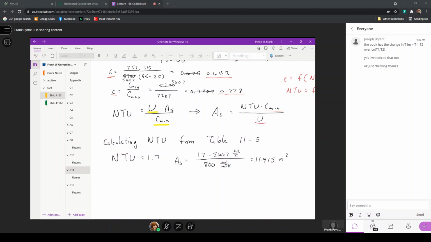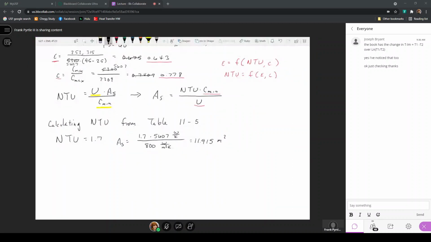So that surface area could be calculated on the inside or the outside of the pipe that carries the ethylene glycol.